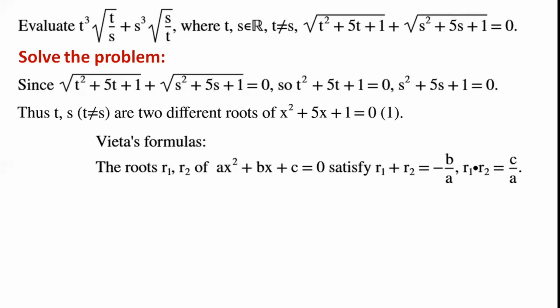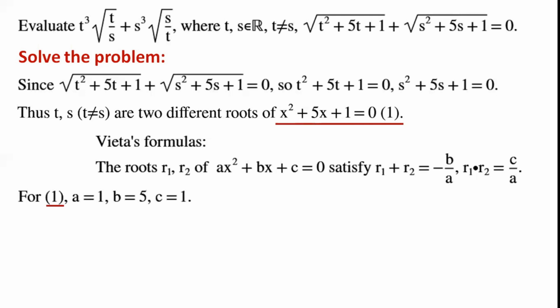By Vieta's formulas, the roots r1, r2 of ax squared plus bx plus c equals 0 satisfy r1 plus r2 equals minus b over a, and r1 times r2 equals c over a.